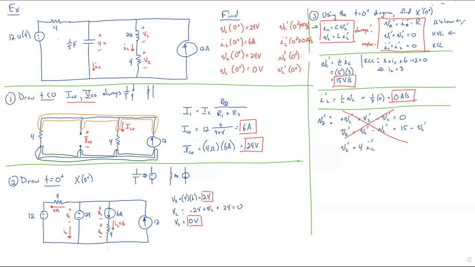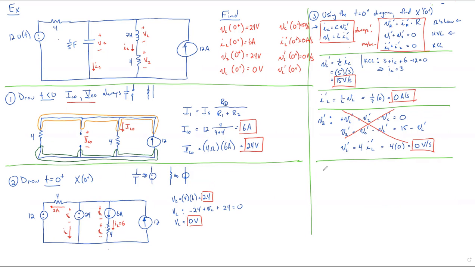Our second attempt is this rule. Do we know what I sub L prime is? Yes, we do. It's 0. So it's equal to 4 times 0. And so that's going to be 0 volts per second. And that is our answer to this, volts per second.